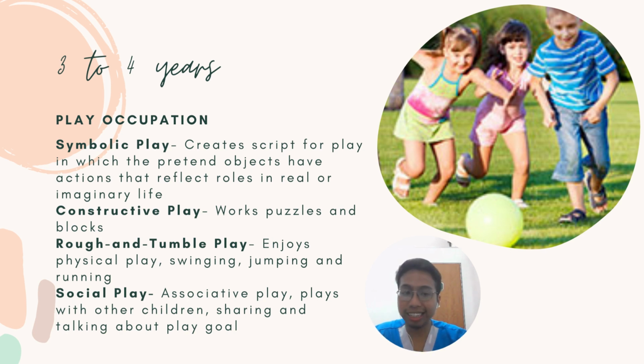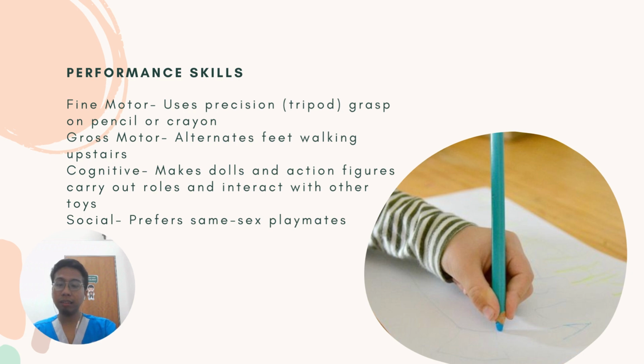What is the goal here? To find the culprit, right? So that's the example of it. And then for performance skills, you can see that in fine motor, they have started to use precision, meaning the tripod grasp has become more precise, and then for gross motor, they alternate feet walking upstairs.